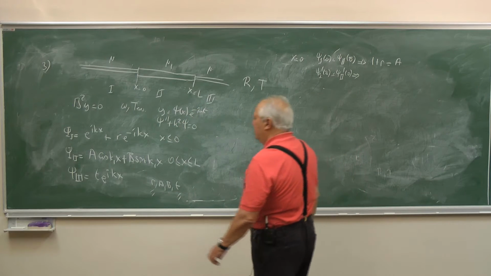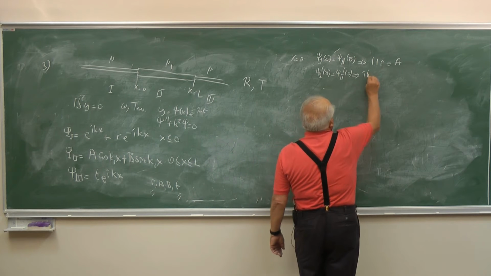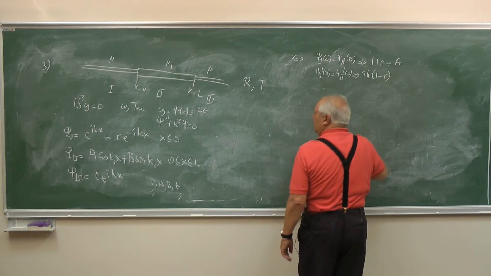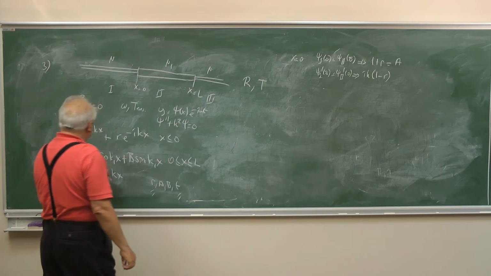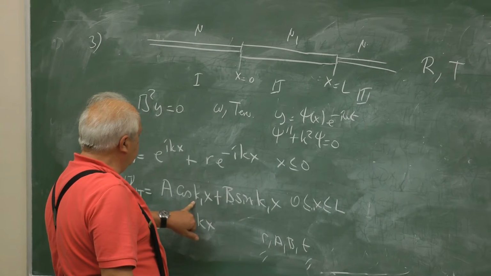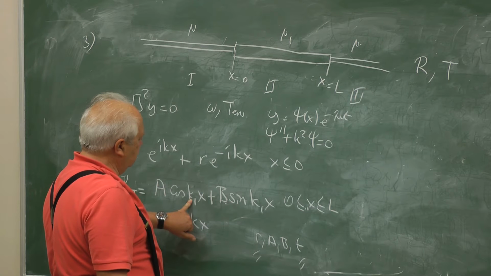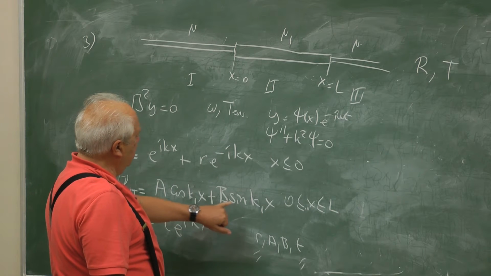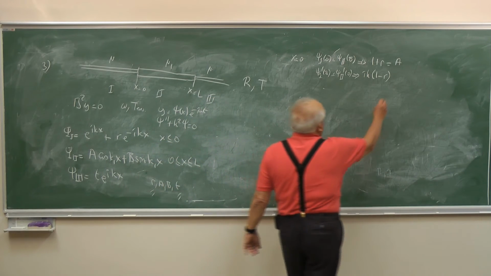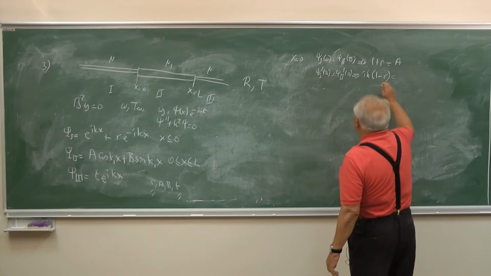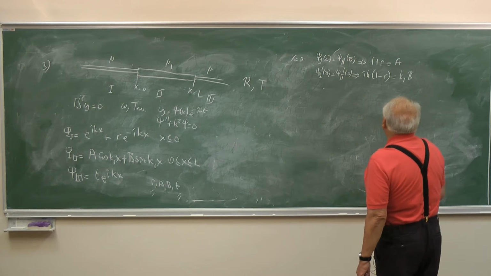This gives me ik times 1 minus r. Now take the x derivative and put x equals 0. This gives sine, and sine x is 0 at x equals 0. This gives me cosine. So that's equal to k1 times b. So we have two equations.